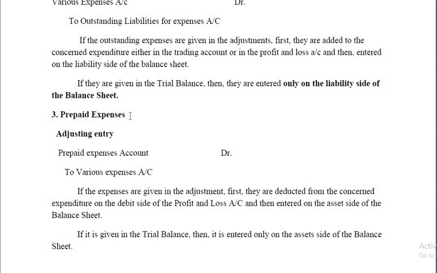It is as good as an amount given in advance, as good as given in the form of a loan. So it is an asset, and it will come to the asset side of the balance sheet.